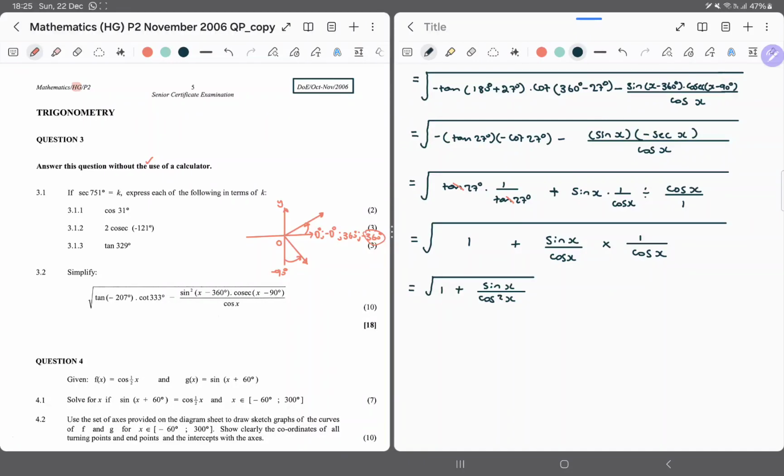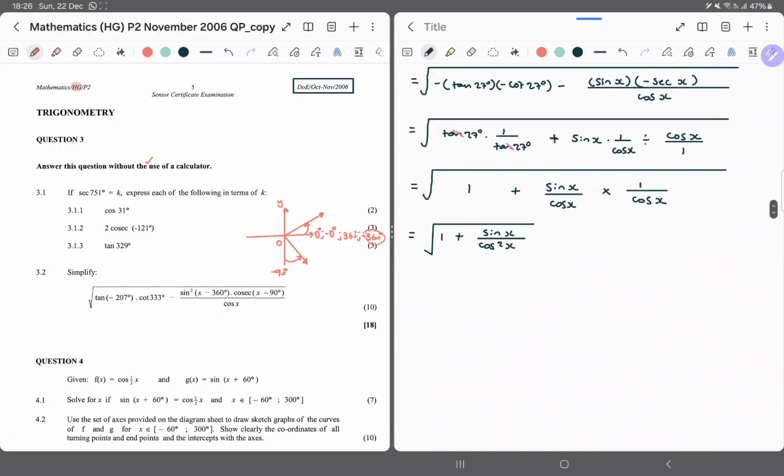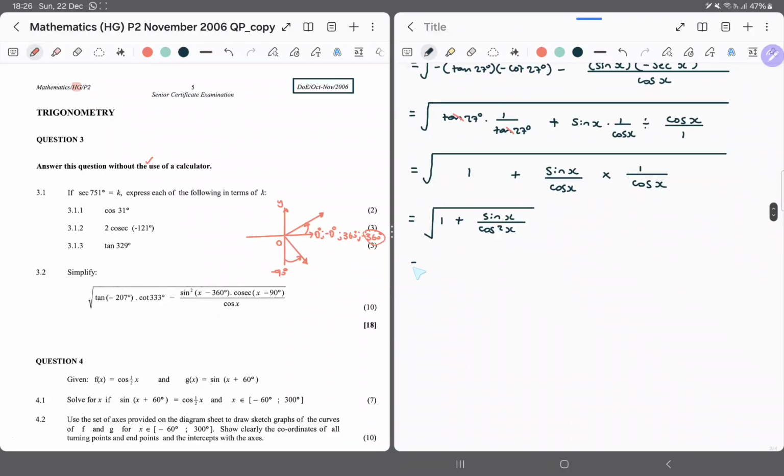Okay, great, so this looks nice. It looks right. Okay, so what are we going to do now? We continue. So we see that this is nothing but 1 over 1. So we still simplify algebraically using our BODMAS.